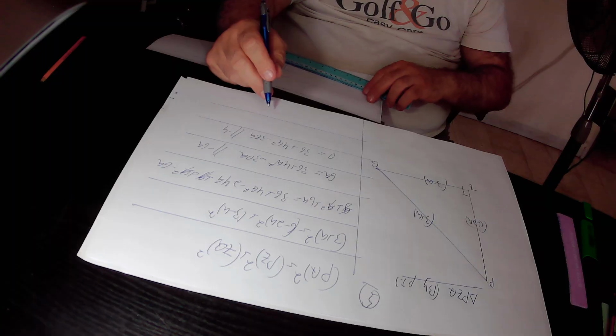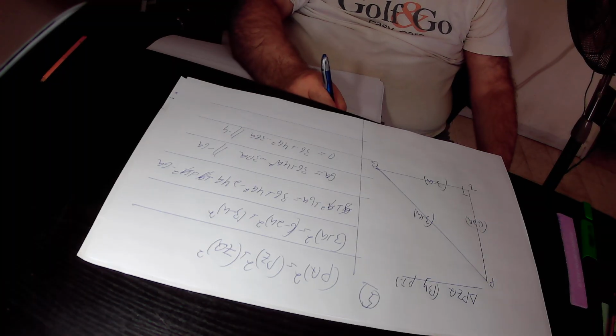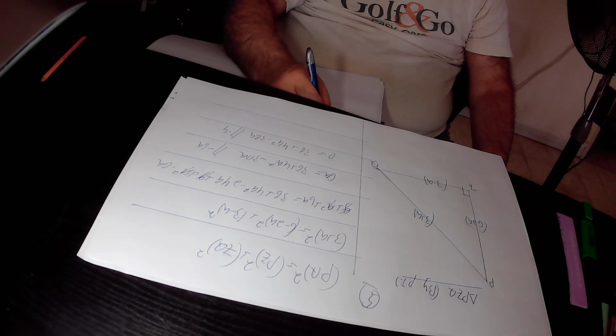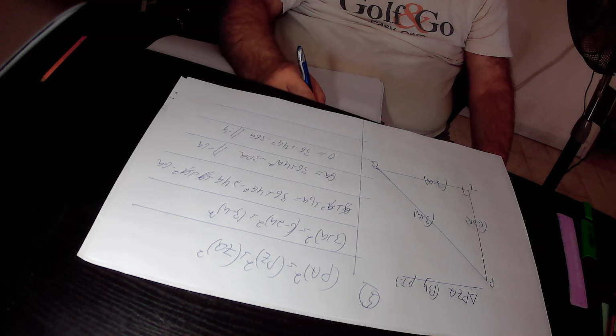Minus 36A over 4 is minus 9A. 36 over 4 is 9, and 0 over 4 is 0.